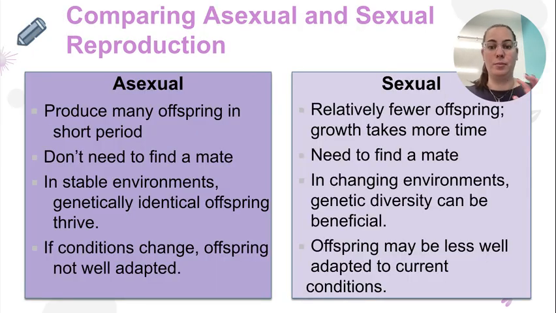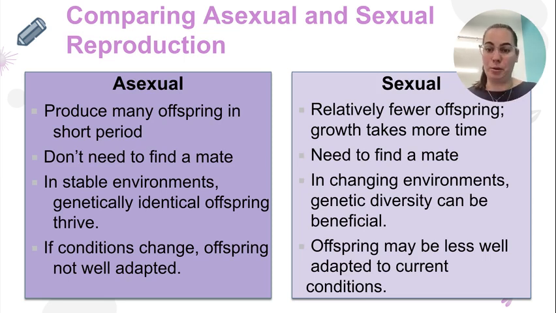Characteristics that make an organism well adapted to its environment are critical for survival. When resources such as food and space are unlimited, it can be helpful to be able to create a very large number of offspring in a very short amount of time. When environmental conditions are stable, it may be useful to have offspring that are genetically identical to the parent.